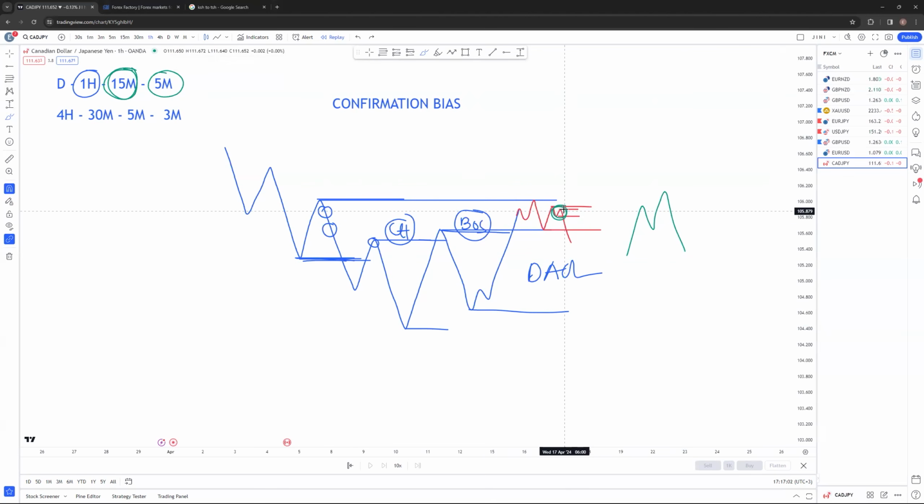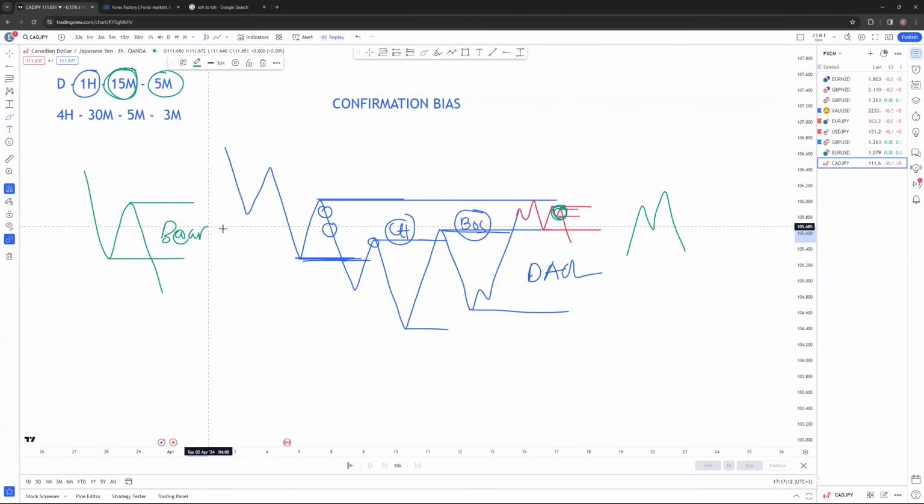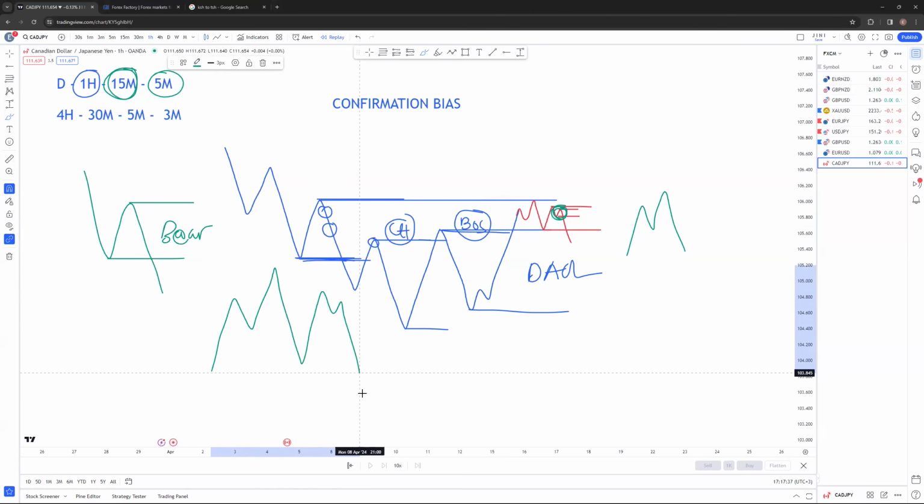You just define this area because the daily time frame gives us the break of market structure, and this was the bearish area of liquidity. So in order for us to confirm this bearish area of liquidity is already consumed, we have to see also the 1 hour time frame give us the same view. The same view means what? This 1 hour also has to change the character.